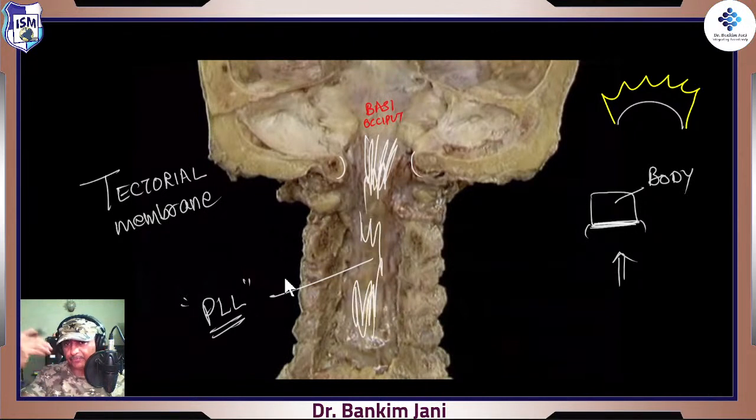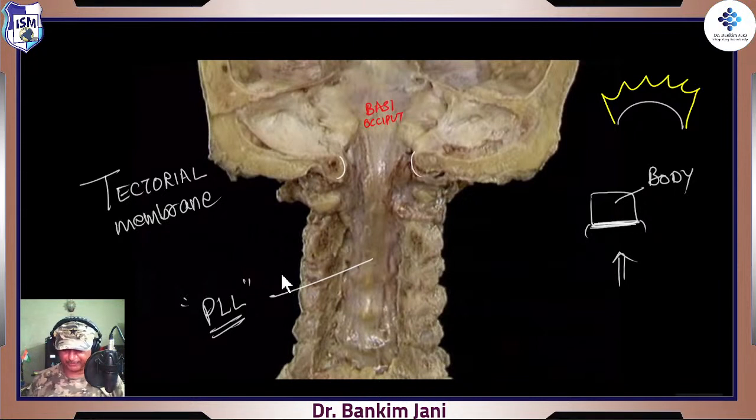What if right from the basi-occiput we scrape off that entire posterior longitudinal ligament? We remove that posterior longitudinal ligament. So when we say PLL, posterior longitudinal ligament, we also remove the tectorial membrane. So then what do we see? That's what our next structure is coming up. So this is as a reference of what we are about to remove.